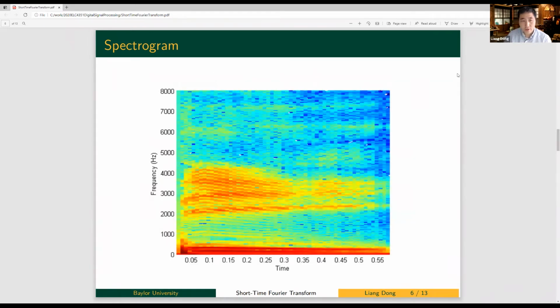Here is also a picture of a spectrogram. Now this spectrogram is with a digitized frequency and digitized time. Everything is digitized, time tau is digitized, frequency is digitized. So we see the spectrogram, instead of a continuous picture, we have some small blocks. Each block is with a digitized time period and with a frequency index.